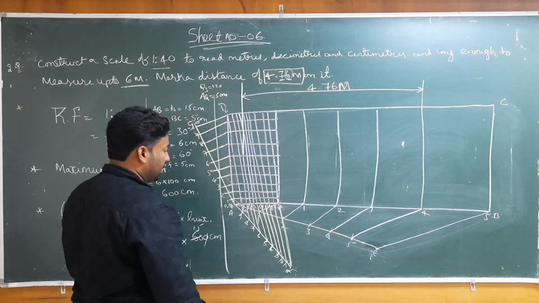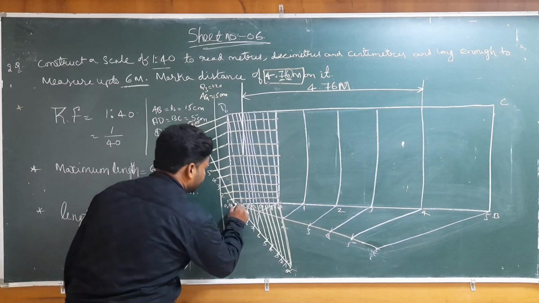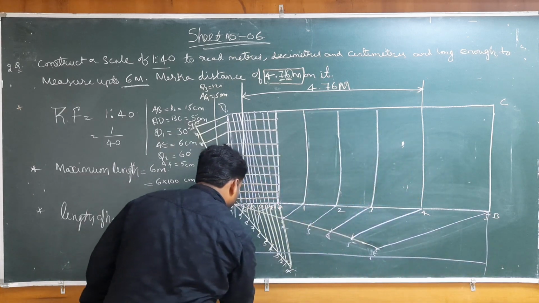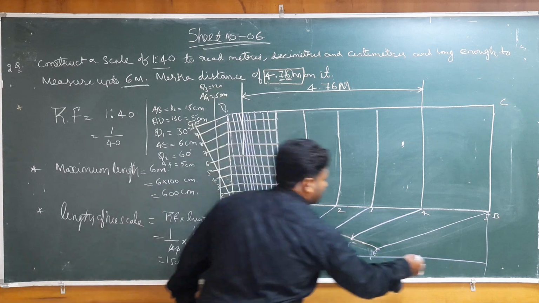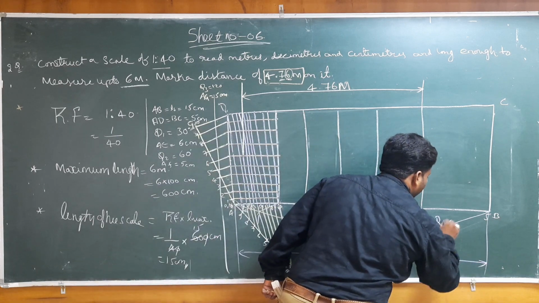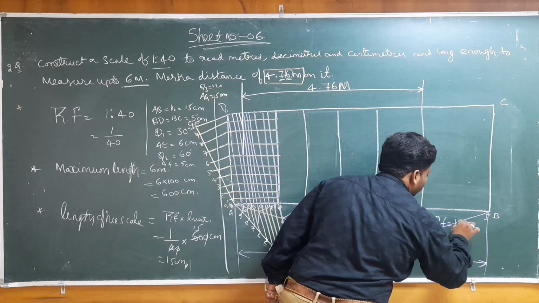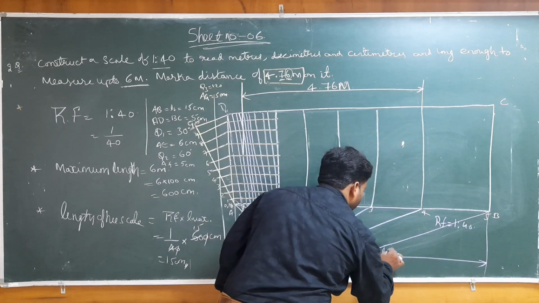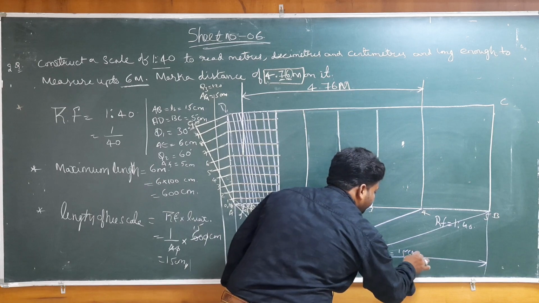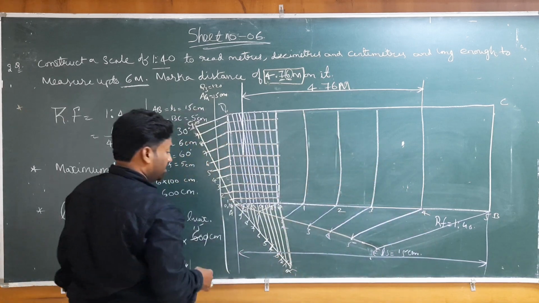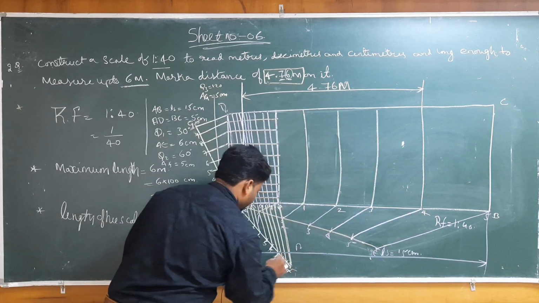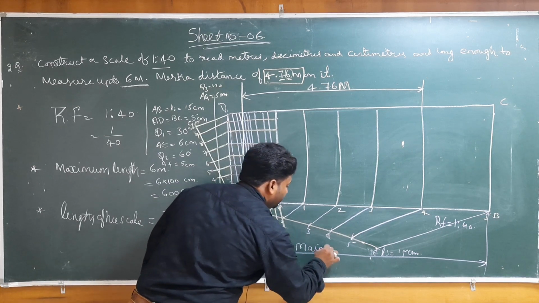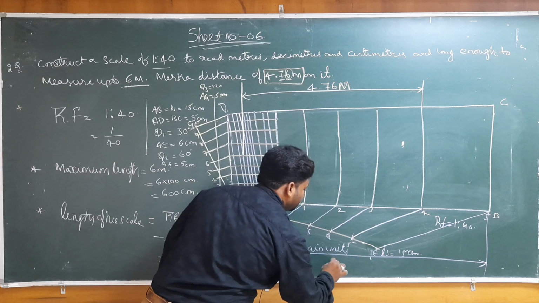Now after that we have to represent some values like RF, length of the scale, main unit. We have to represent all those things in this. Suppose here, what is the RF? Representative fraction is equal to 1:40. What is the LS? LS is equal to 15 centimeters. Now this is the main unit, here, which is in meters.